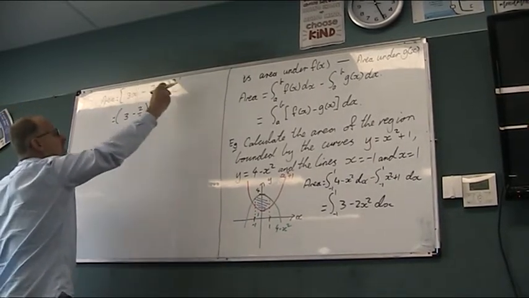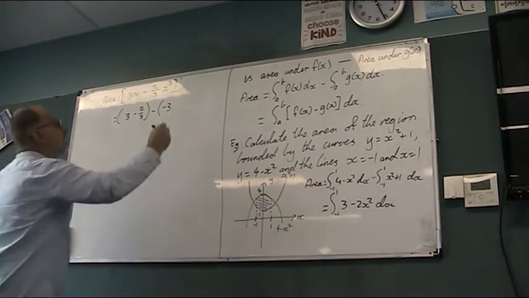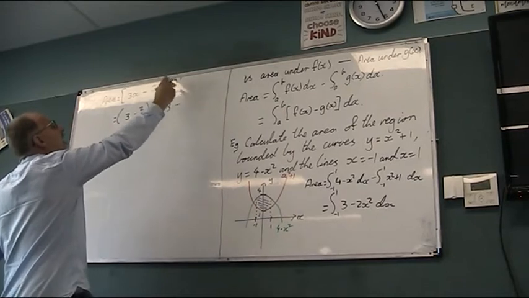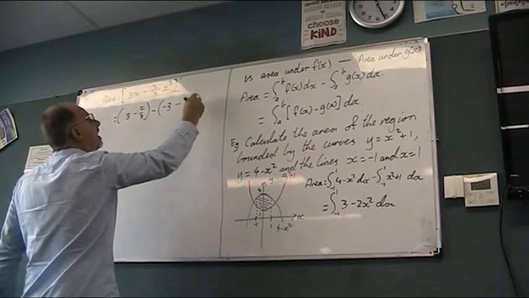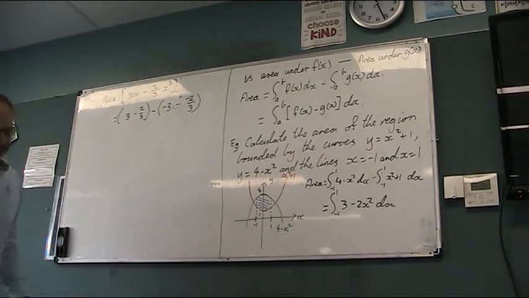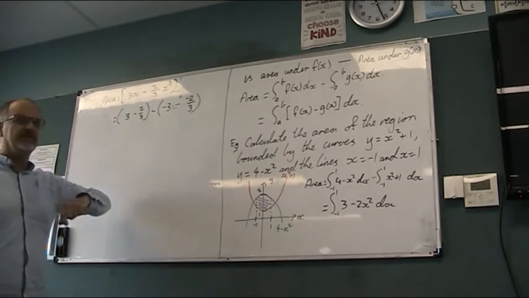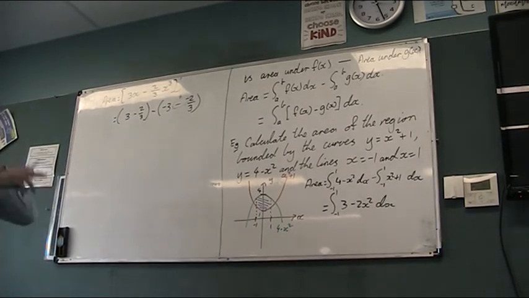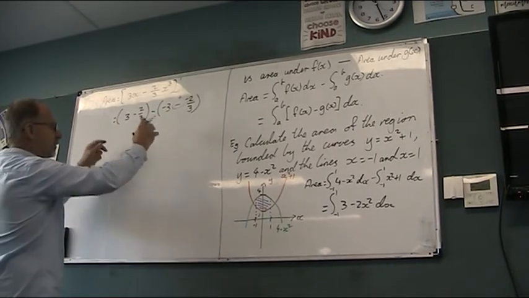Substitute -1 in, you get -3 there, minus... -1 cubed is -1 times the 2/3 that's there, -2/3, and we're subtracting that. However you want to look at that.